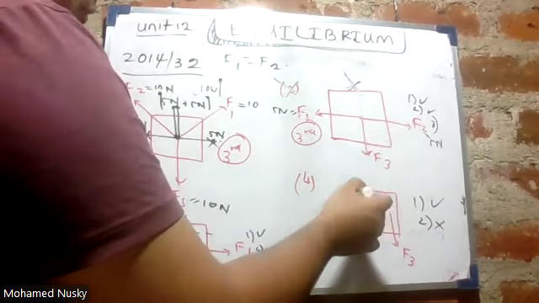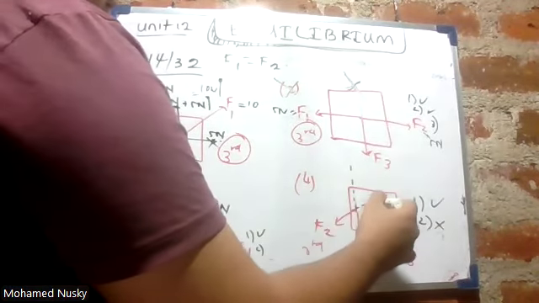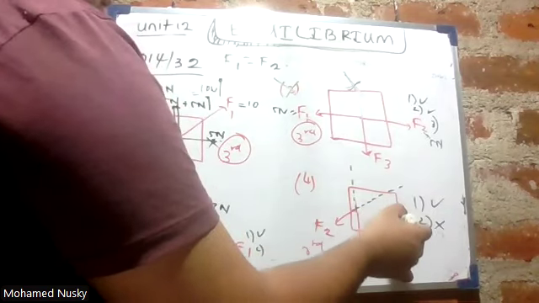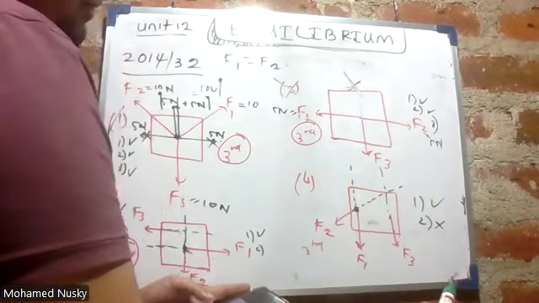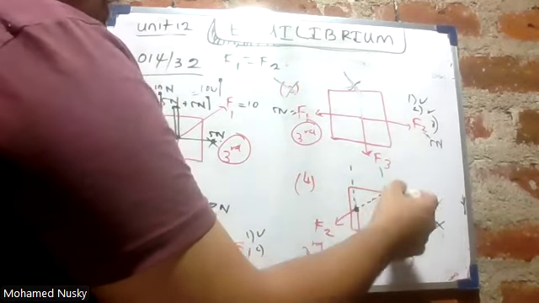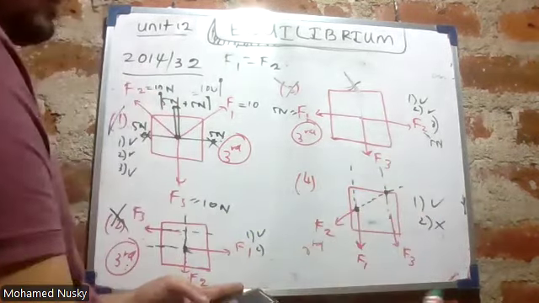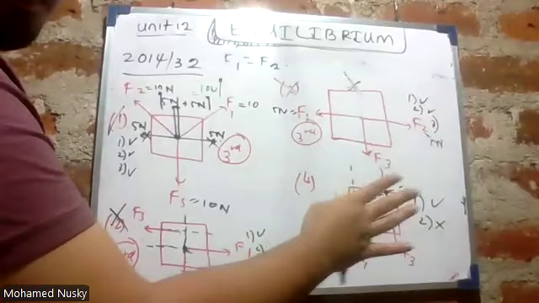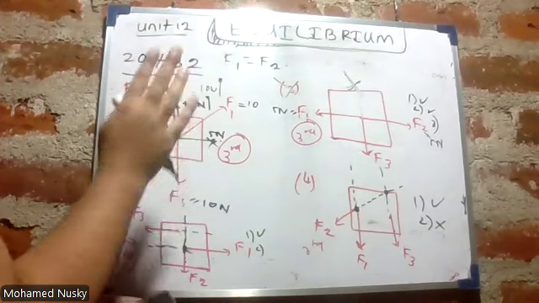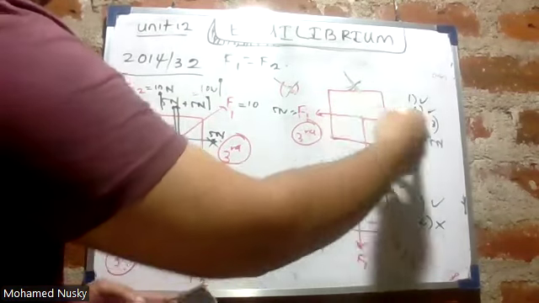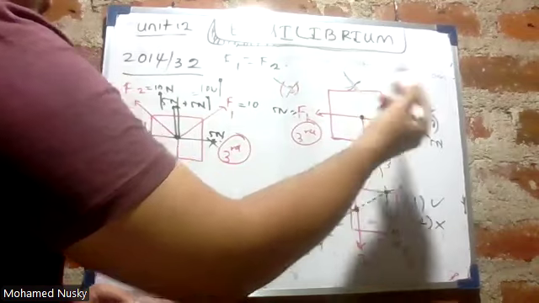If I extend this F1, this F2, and this F3, you can see F1 and F2 are meeting at the same point. F2 and F3 are meeting at the same point, but all three forces are not meeting at the same point. Like this, all three forces are not meeting at the same point.